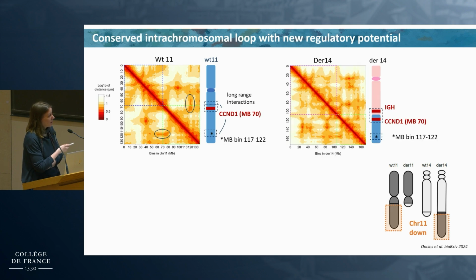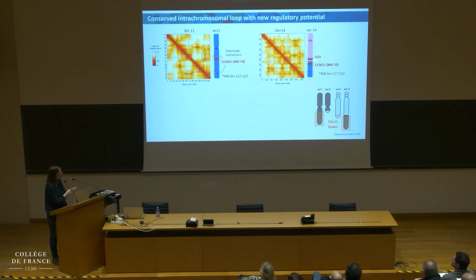And then if you look in the translocated chromosome, we have the same plot, and you see this interaction exists again in the same place. So this is a long-range interaction from this bin at the breakpoint towards this megabase bin 120. But now the difference is that this interaction all of a sudden contains this very strong immunoglobulin enhancer.